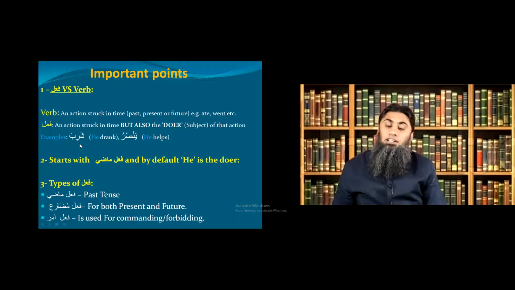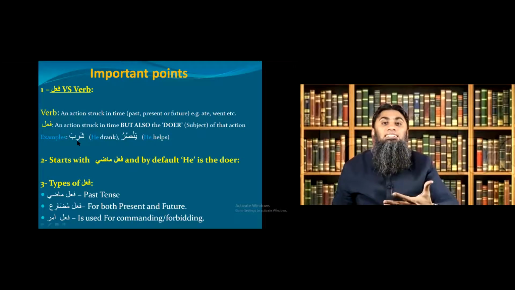Same example, shariba, he drank. Now shariba gives you this word drank. Obviously it has the action of drinking, it has the tense of past, but also he drank. So he is the doer or the subject, and this he is built into the word shariba. Same with the next one, yansuru, he helps.